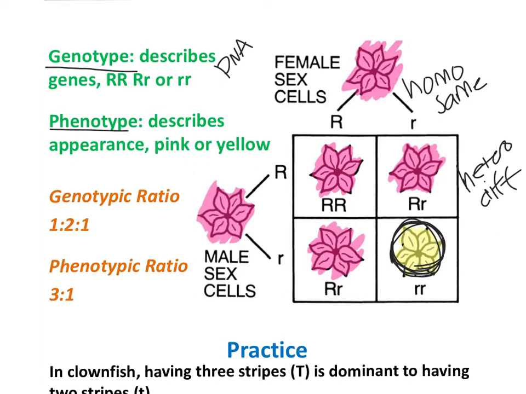I can also talk about a ratio. A genotypic ratio is how many of each do I have. So how many are homozygous dominant, how many are heterozygous, and how many are homozygous recessive. The order typically does look like that.